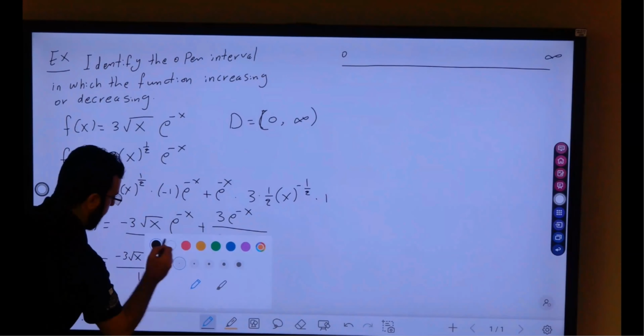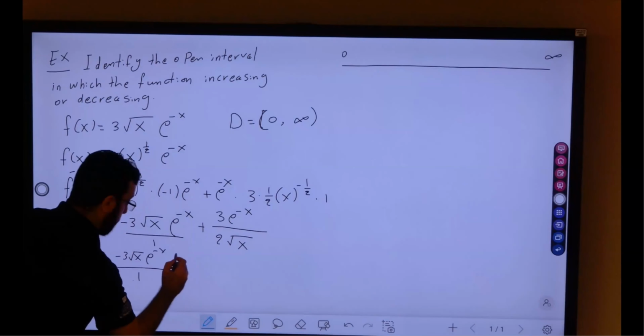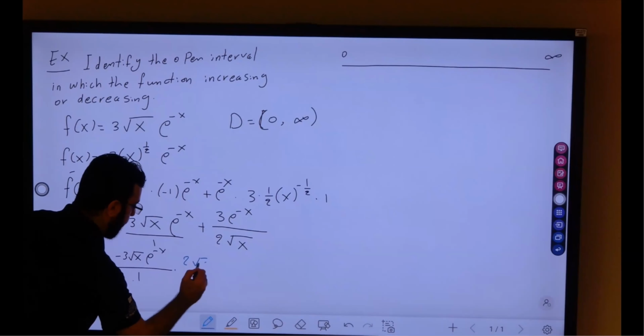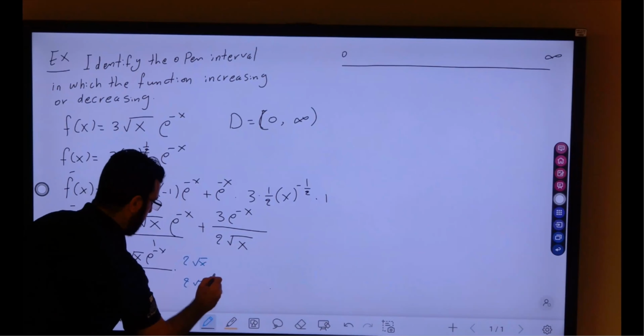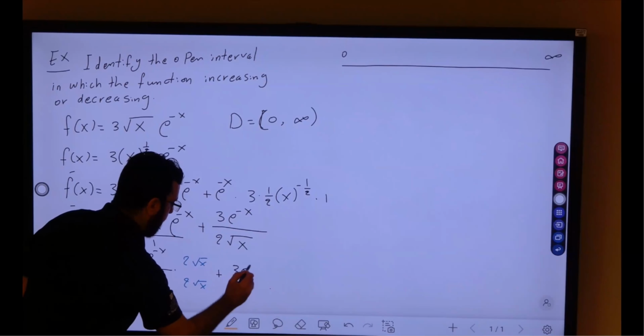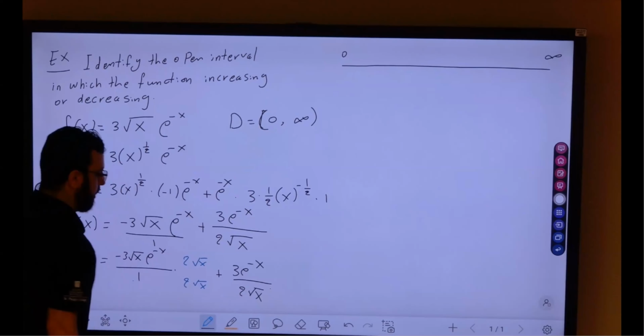I'm going to multiply by what? 2 square root of x, and here is 2 square root of x. We're done with this one. Now it's going to be plus 3 e to the negative x divided by 2 square root of x.